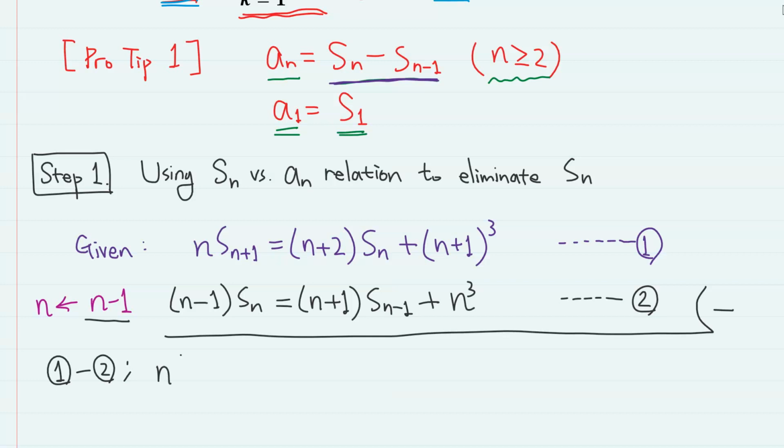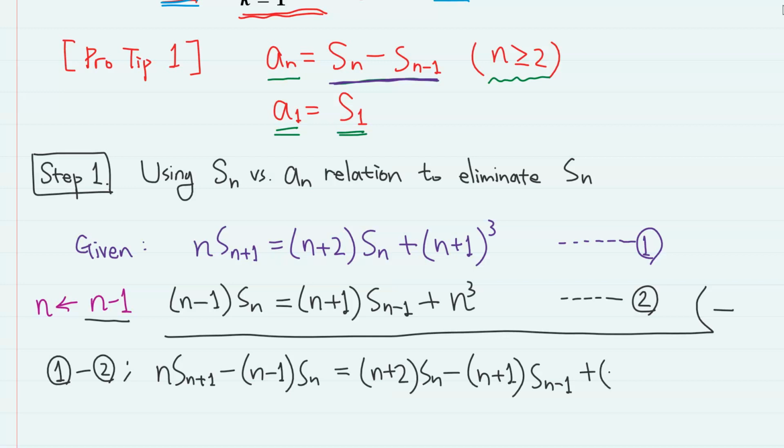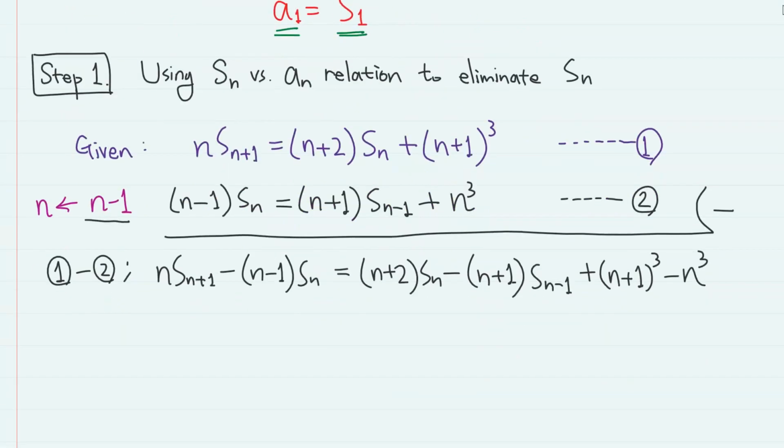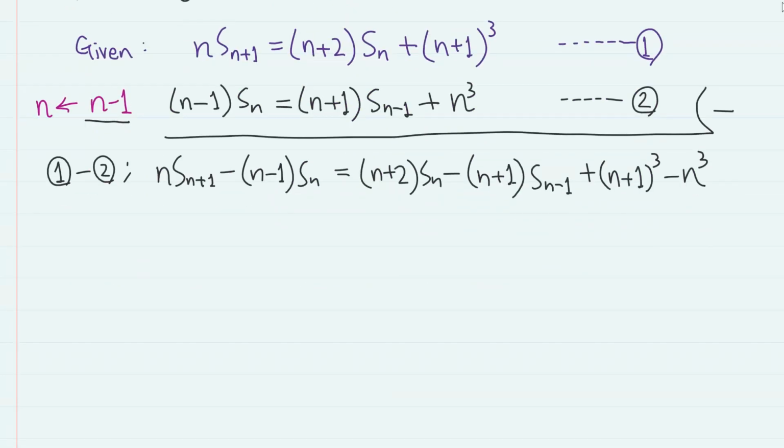Then we have n S(n+1) minus (n-1) Sn on the left hand side, and on the right hand side we have (n+2) Sn minus (n+1) S(n-1) plus (n+1) cubed minus n cubed. And here we have to rearrange bits smartly.